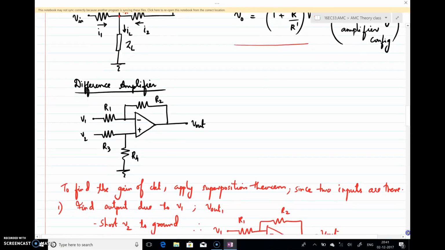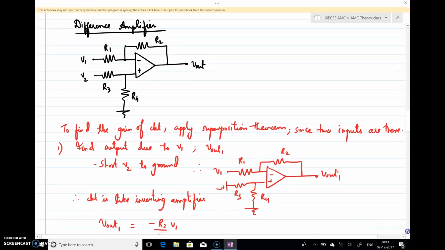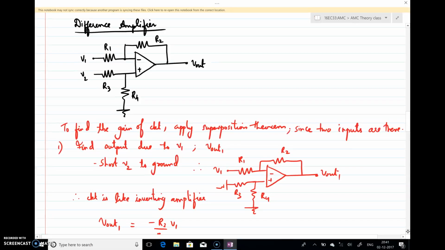Now the next one is a difference amplifier, which is a very important configuration using op-amps. Difference amplifier, or differential amplifier. The basic idea is that the output will be the amplified version of the difference input V2 minus V1.